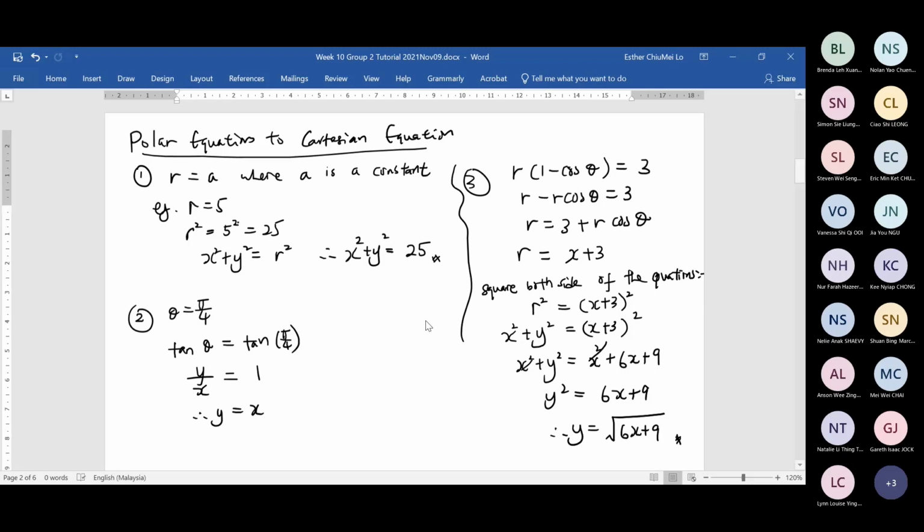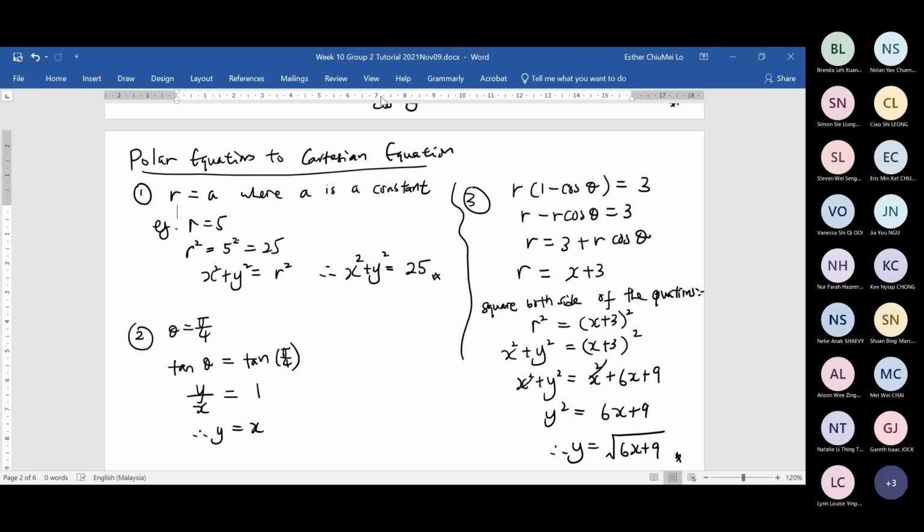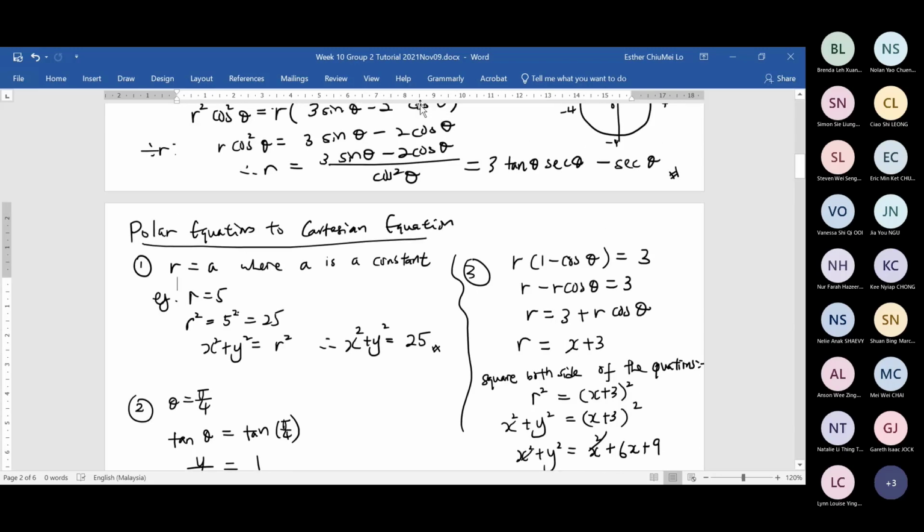So it means that from polar equation to Cartesian equation, we can multiply by r, or we can square both sides of the equation. Why? Because we want it to be like example one.